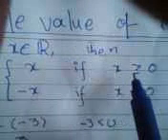Therefore, according to the definition of absolute value, if x is positive, then mod of x is equal to x, or x is equal to mod of x. We know that here x is positive, therefore this value x is equal to mod of x.